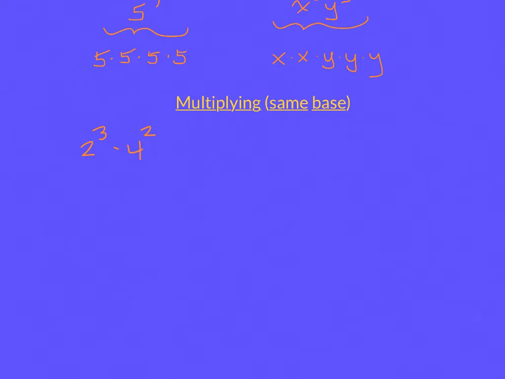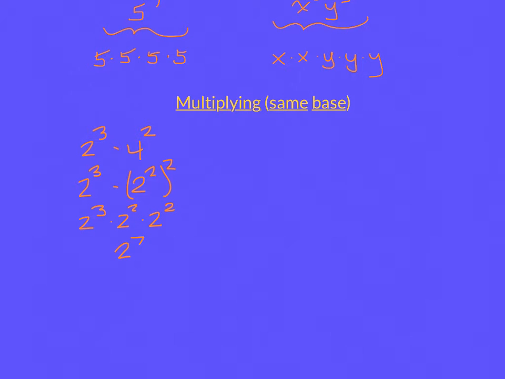In this case, we have 2 cubed, and 4 is actually 2 squared. So there's that same base. And so we've got 2 cubed times 2 squared times 2 squared. And you count how many you have here. So you've got 3 2's here, 2 more, 2 more. Put it all together, and we've got 2 to the 7th power.